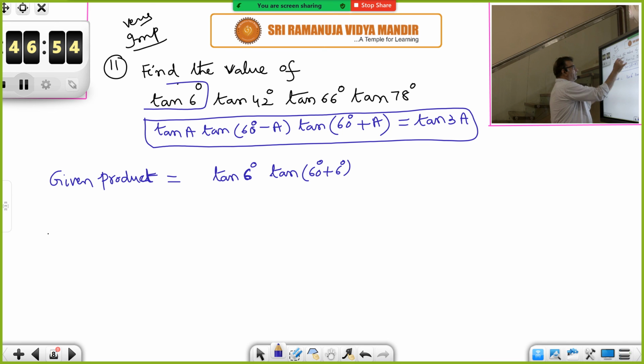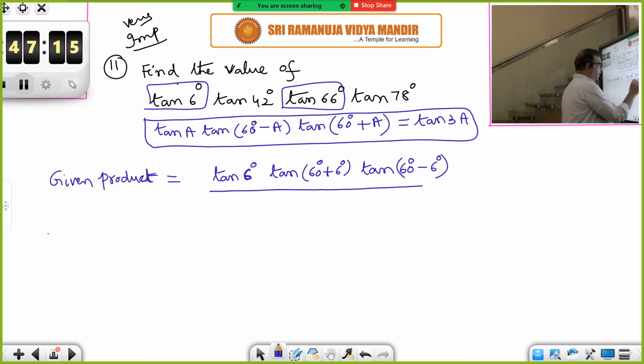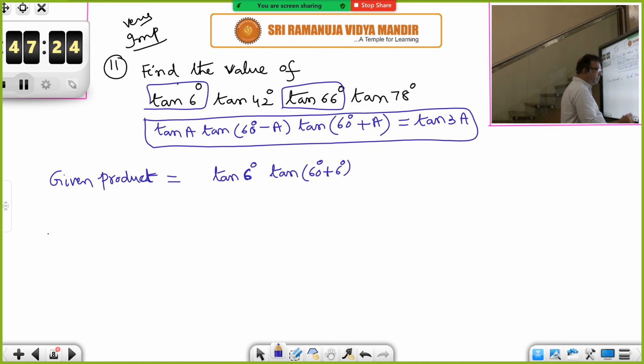Tan 6 degrees, see I am rounding it off. Tan 60 plus 6 degrees is also there. But tan 60 minus 6 degrees is not there. So, I will write extra tan 60 minus 6 degrees, which is not there actually. And that is an extra factor, so I will cancel it out also by dividing by the same factor.